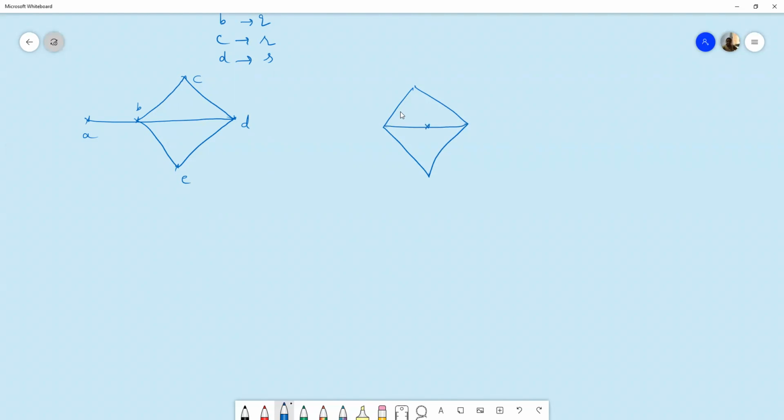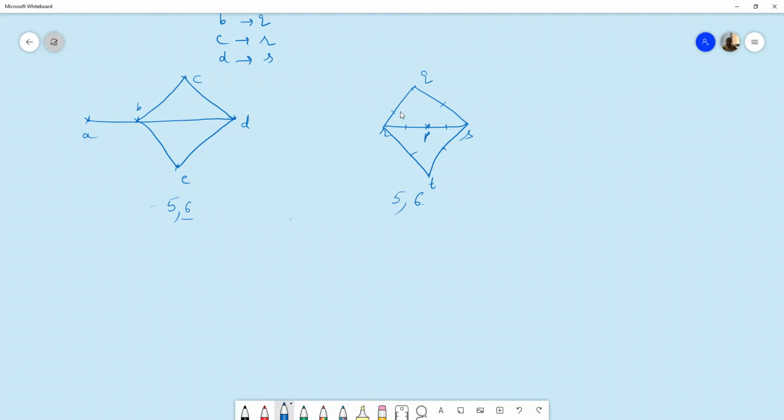Let us say this vertex P, Q, R, S, and T. So we have now two graphs. Both graphs have the same order. And this graph has how many edges? 1, 2, 3, 4, 5, 6. So this graph has 6 edges. Similarly, this graph also has 6 edges. 1, 2, then 3, 4, 5, 6. So both the graphs have 5 vertices and 6 edges.